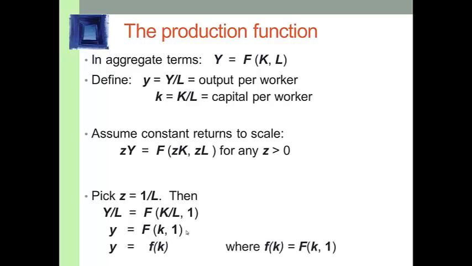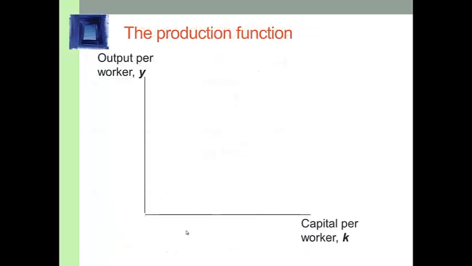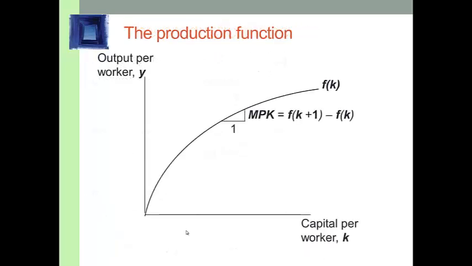Now we can graph our production function. This graph shows the relationship between the components of the Solow production function. Here we have our horizontal axis, capital per worker. On our vertical axis we have output per worker.